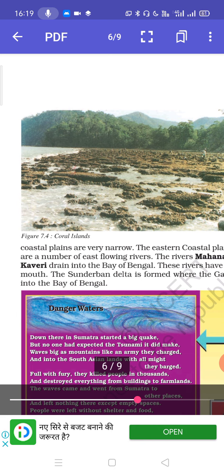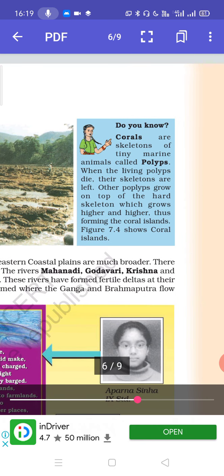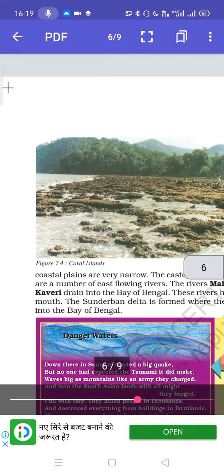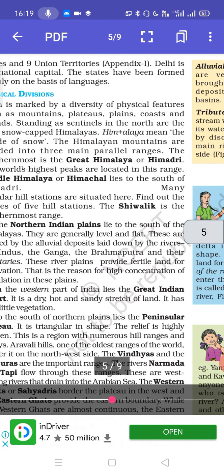So this is the coral island. What happens is the marine animals die, and their skeleton is left there, and on top of it they keep on forming up, and that's why the whole island has been formed, which is known as the coral island.